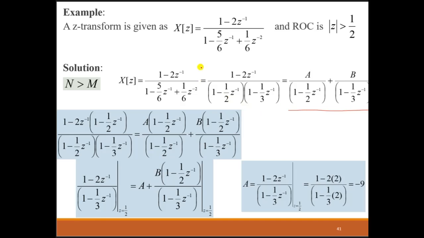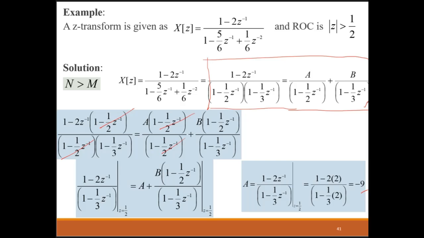Right, so we do it one by one. We want to find A. Look at just this term. That means we multiply everything by the denominator of A. Once you multiply, you can cross out the same terms. Then you substitute Z equals 1/2. When you solve this equation, you get A equals -9.